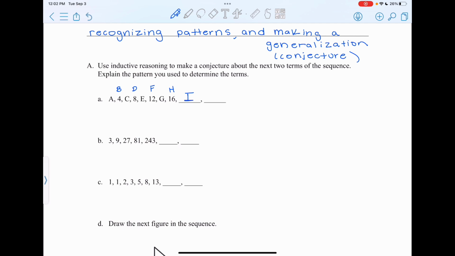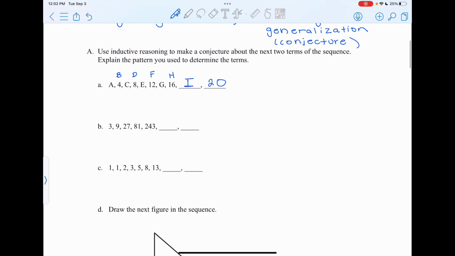And then it looks like the numbers are going up by 4s. I have 4, and then 8, and then 12, and then 16. So the next number would be 20. So based on the pattern in front of me, my conjecture is that the next two terms are I and 20.